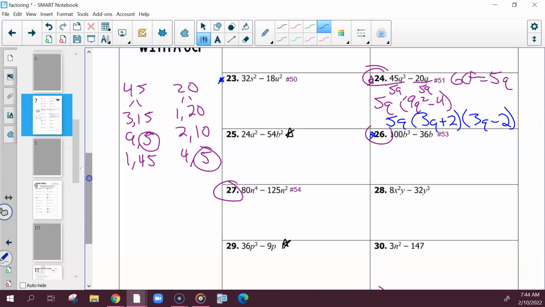For 26, same thing. First, can we start this off by doing difference of squares? Is everything given a perfect square?